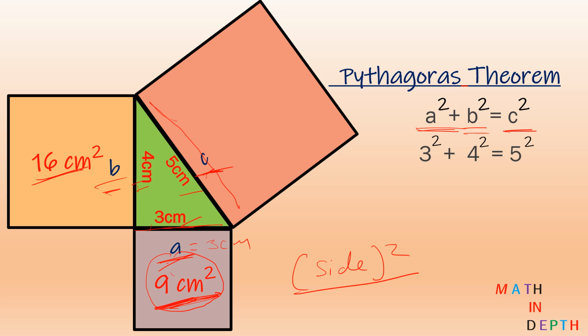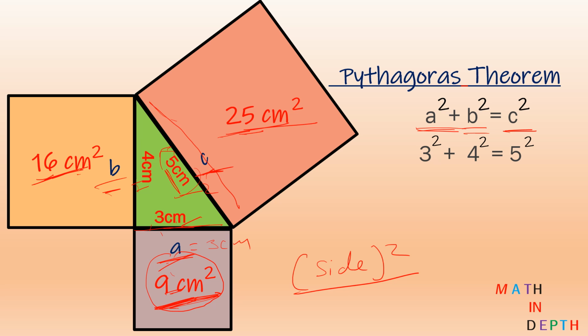Now what we'll do, if we add up this 16 plus 9, what are we going to get? We are going to get 25 centimeter square. Fine. 9 plus 16 will be 25. And here if we square this 5 centimeter also, we will get 25 centimeter square.